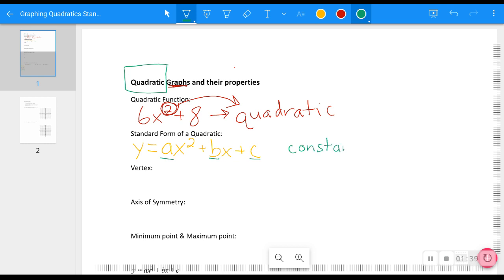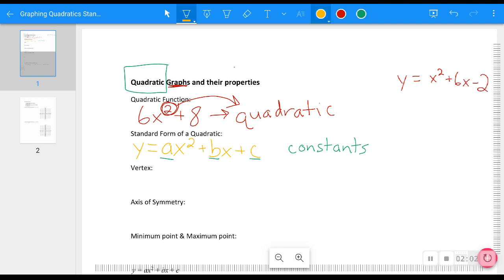So in your equations that you'll be working with, if I just pull up the equation from the bottom of the notes sheet, the first one, that's y equals x squared plus 6x minus 2.